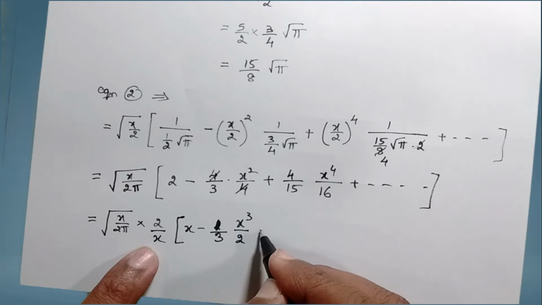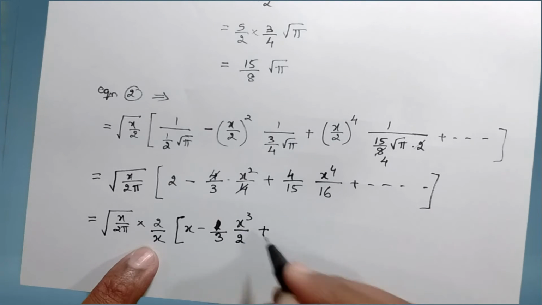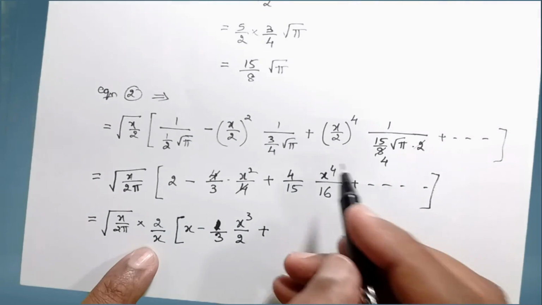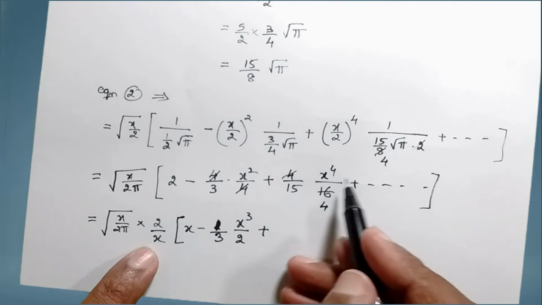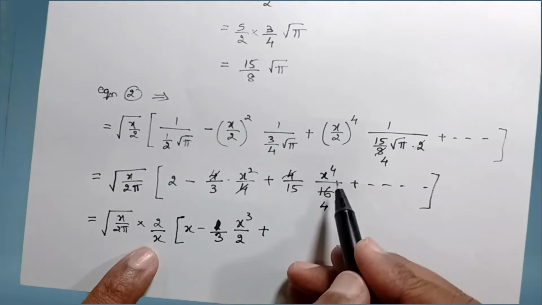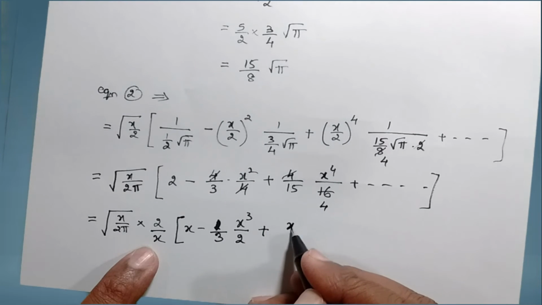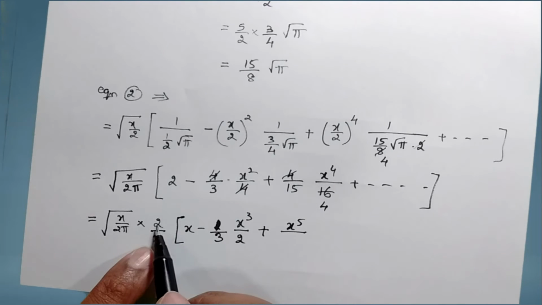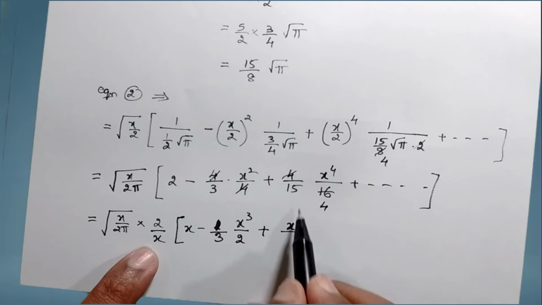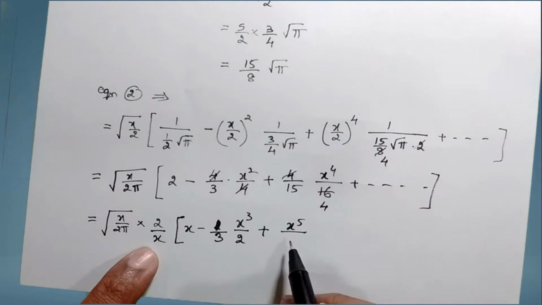Next term, you have positive value. Alright. And you can cancel out 4 times. Because you have divided by x here, you have to multiply by x. It becomes x power of 5 whole divided by. And because you have multiplied by 2 over here, there is no 2 here. So that means you have to divide by 2 there.